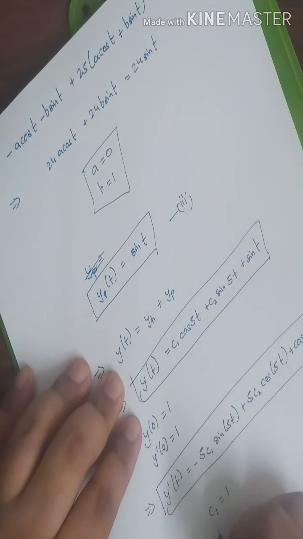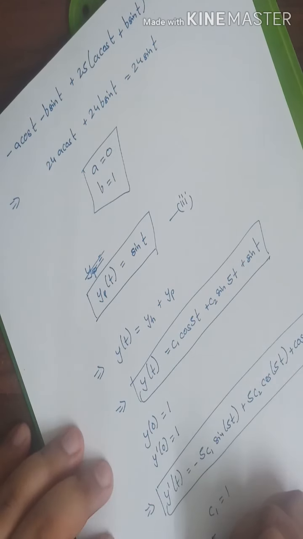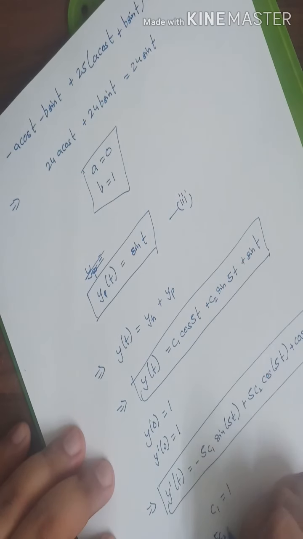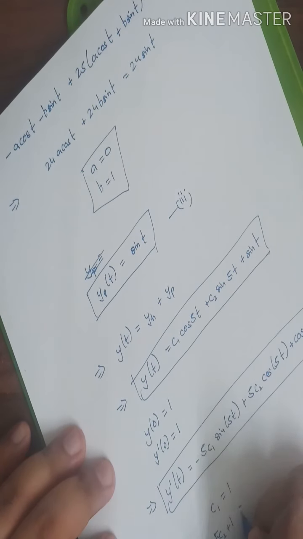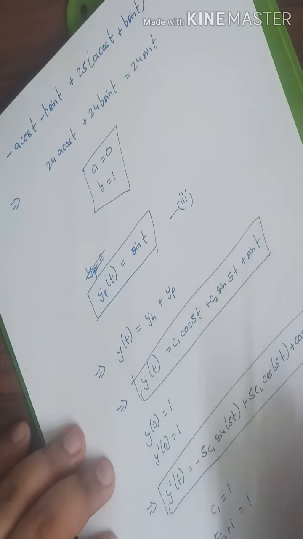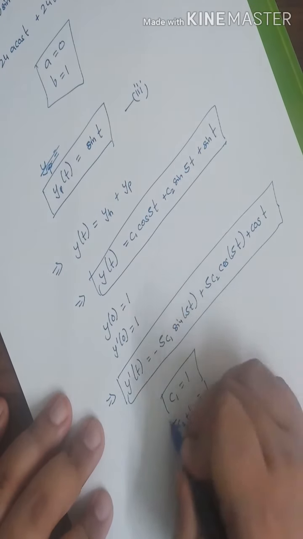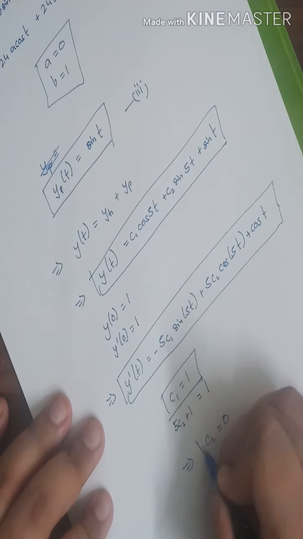When we put t equals 0 in y dash, what we are going to get is 5c2 plus 1, which is equal to 1, because y dash for t equals 0 is 1 already. So yeah, implying c2 is equal to 0.